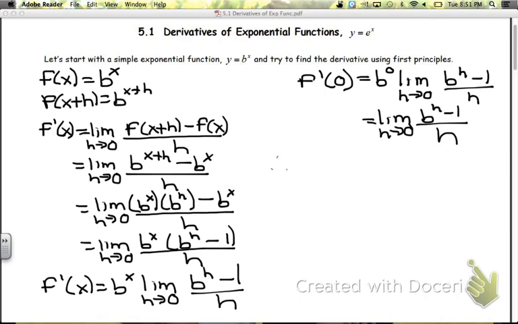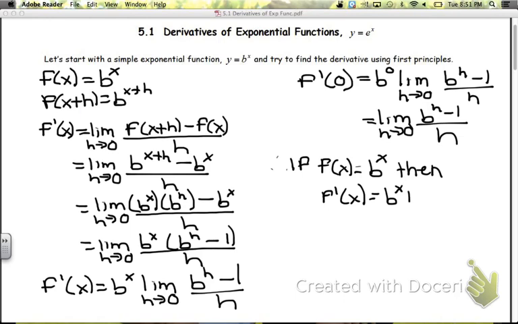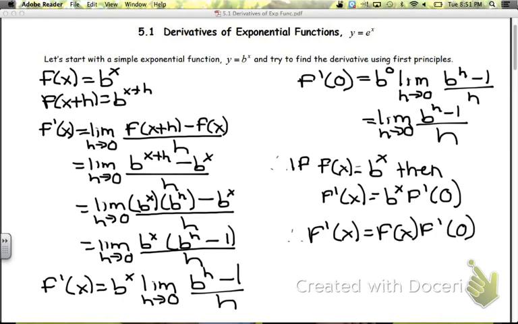So therefore, we can finish with: if f at x is equal to b to the power of x, then f prime of x is equal to b to the power of x times f prime of 0. So therefore, overall, f prime of x is equal to f at x times f prime at 0.